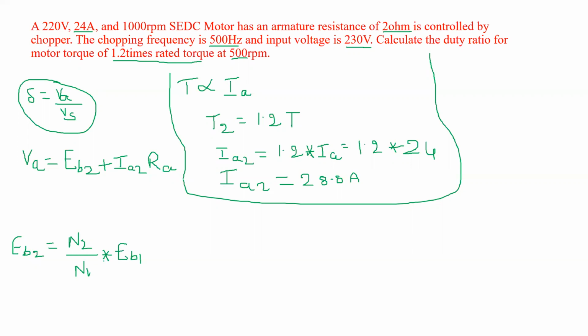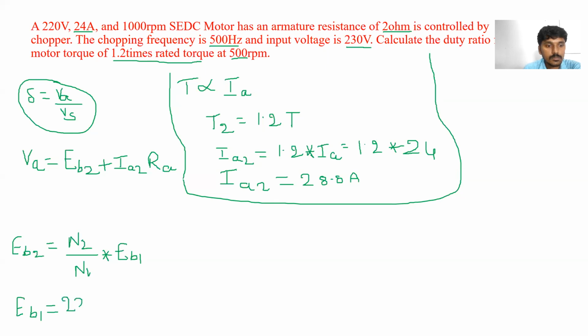But we don't know the value of EB1 here. EB1 is nothing but the back EMF for the rated operation.